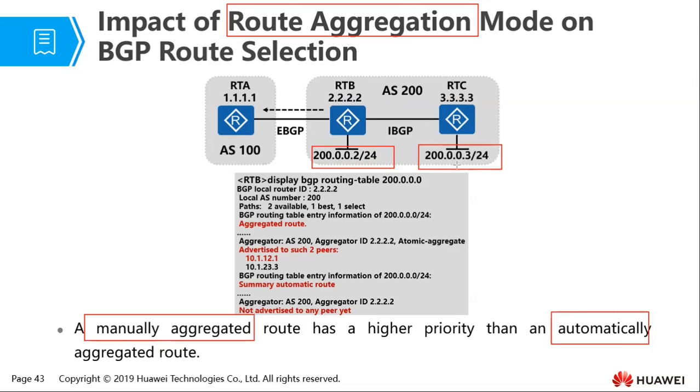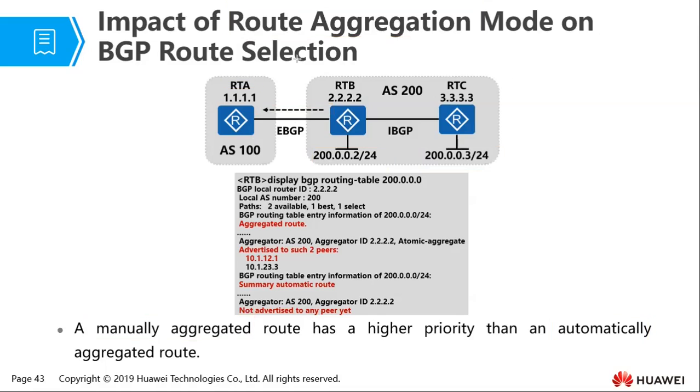Now, when these networks are advertised to RTA in AS100, how will RTB prefer? Sorry.